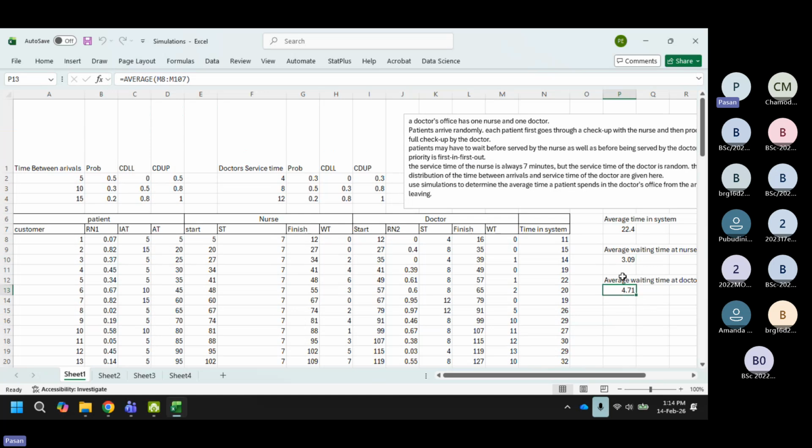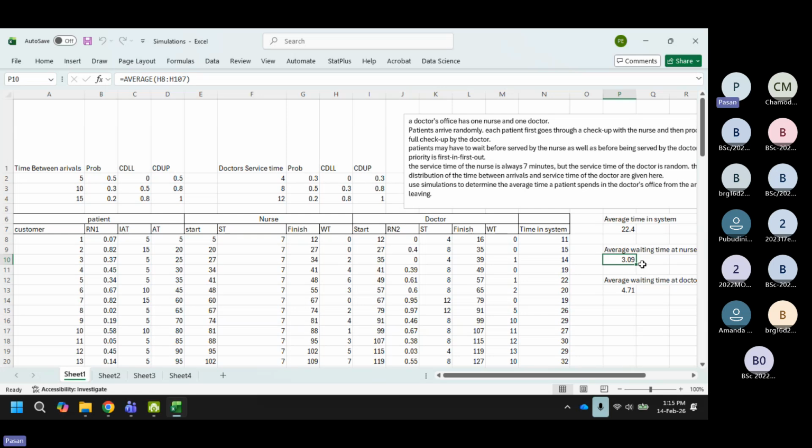So we can calculate these figures and identify the behavior of this queue, right? So what's going on in this queue? By doing these calculations, the average waiting time at the nurse, basically, you have to wait around 3 minutes.